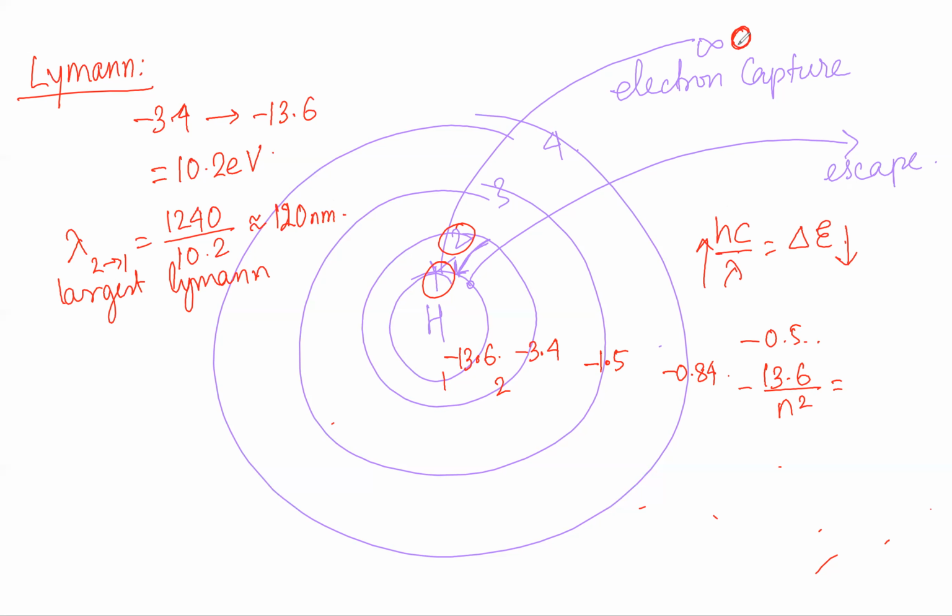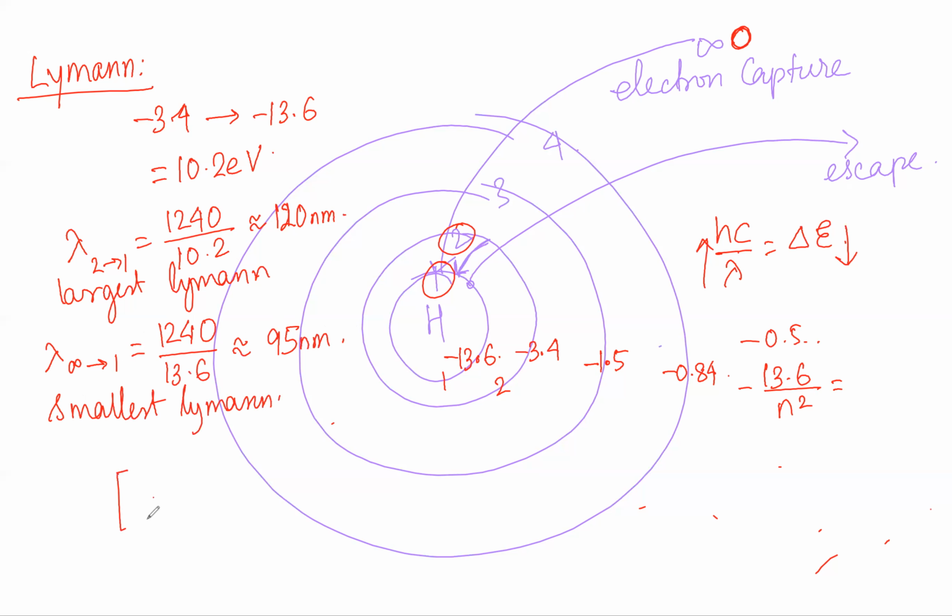If you put n is equal to infinity, no negative or positive, the amount of energy in that jump will just be 13.6. So what is the smallest value of lambda you can have? Infinity to 1. That's 1240 divided by 13.6, which turns out to be approximately 95 nanometers. This is your smallest Lyman wavelength.